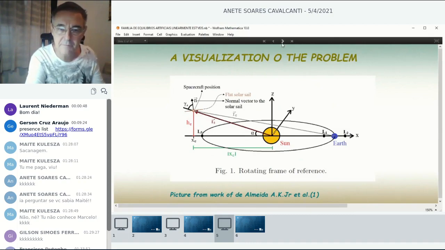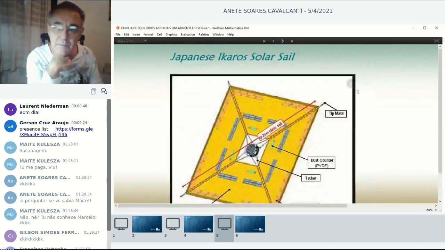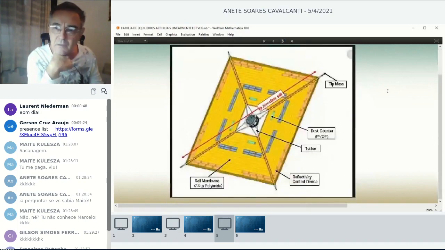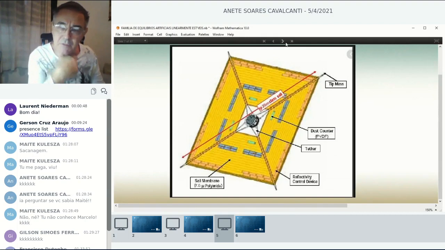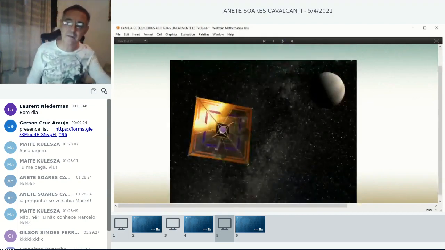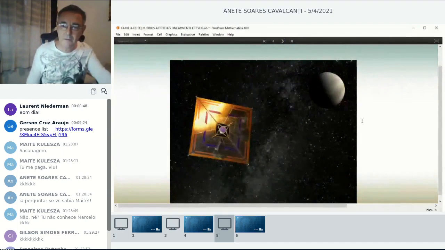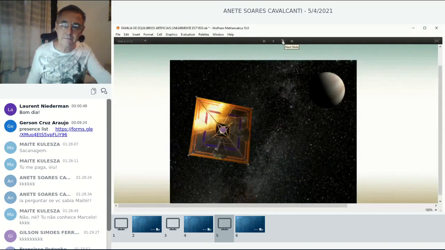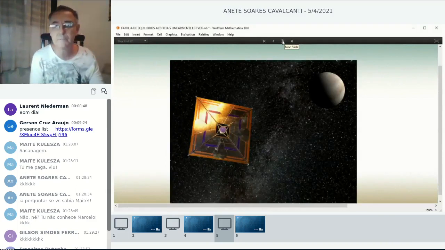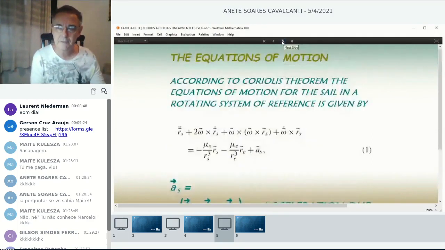We are going to study the possibilities and the stability of this equilibrium. Here, just to give an idea, this is the Ikaros sail, the Japanese solar sail. There's another picture of it here, more interesting, just to show that in fact the problem is real. Some space missions are being done taking solar sails into consideration.